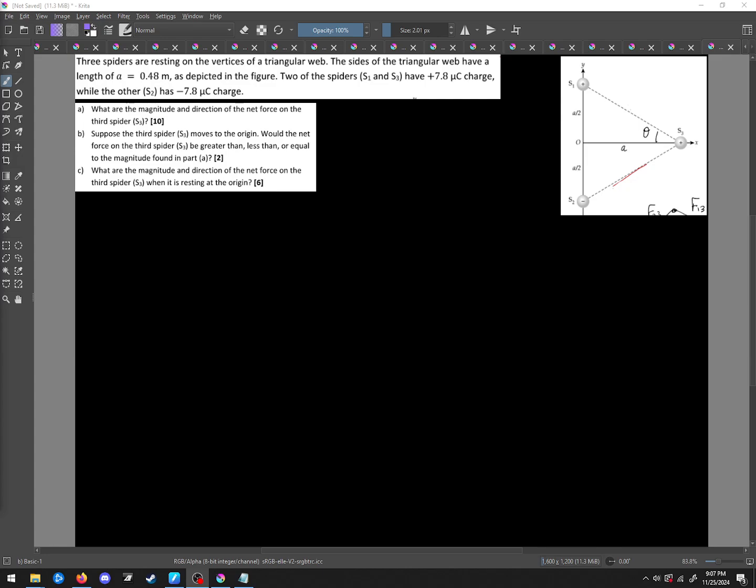Two spiders, S1 and S3, have plus 7 microcoulombs, and the other spider, S2, has a charge of negative 7 microcoulombs. It's asking us what's the magnitude and direction of the net force on the third spider, spider 3. Okay, so that's the guy all the way out there.